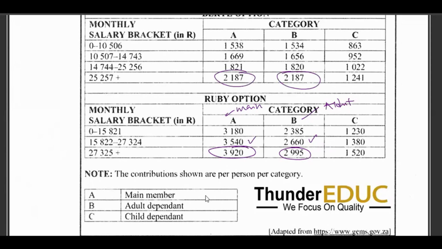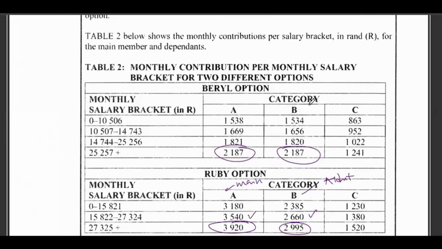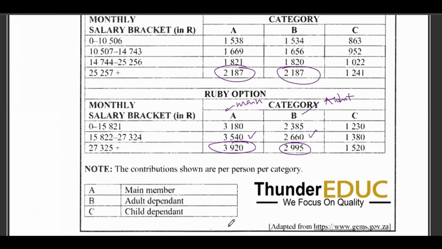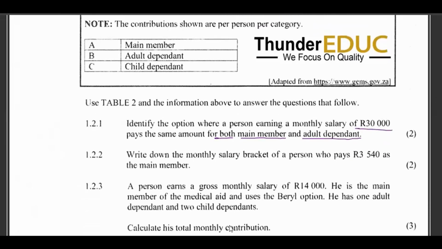So which option is it? We are going to say it's C, BL. So the option is BL.